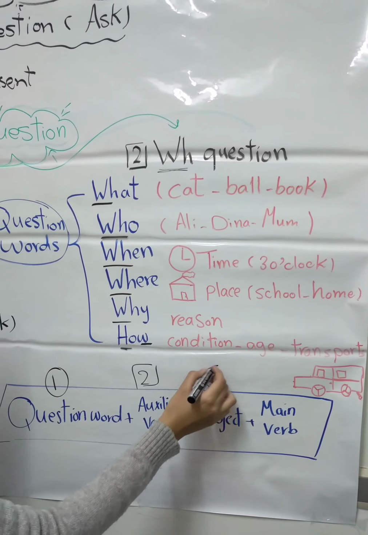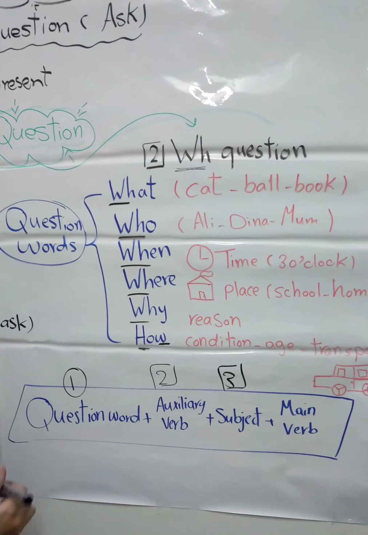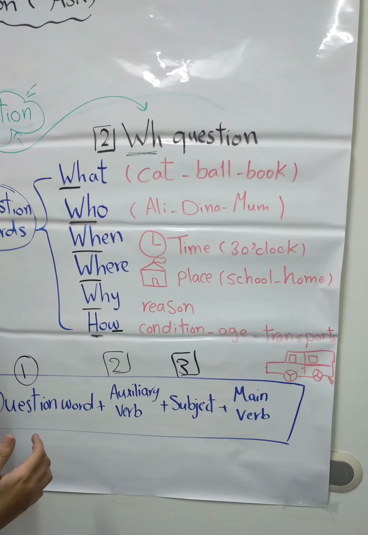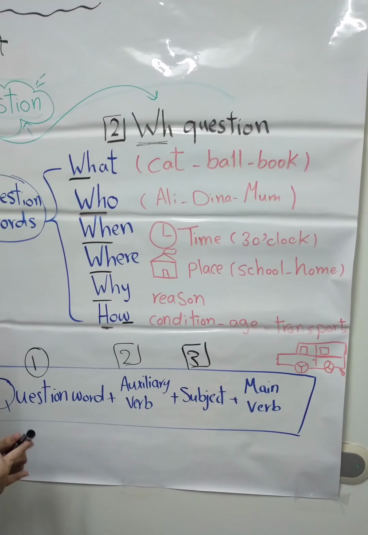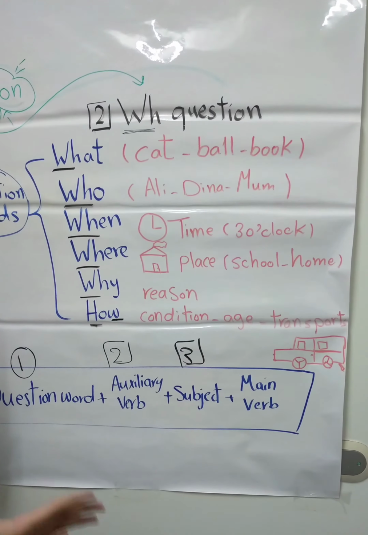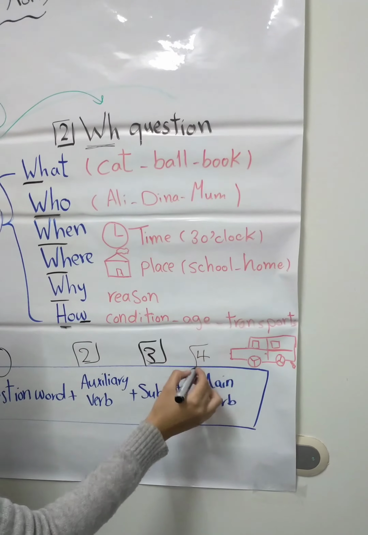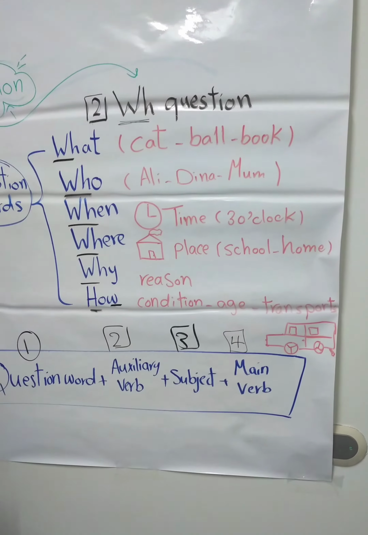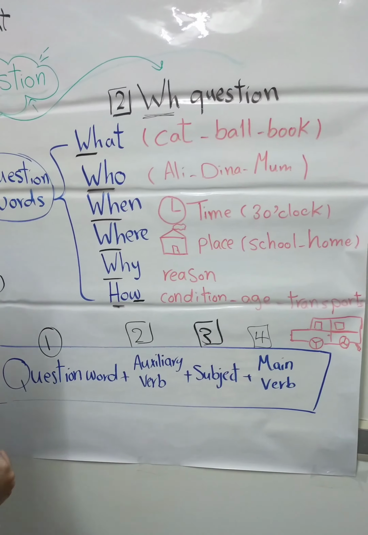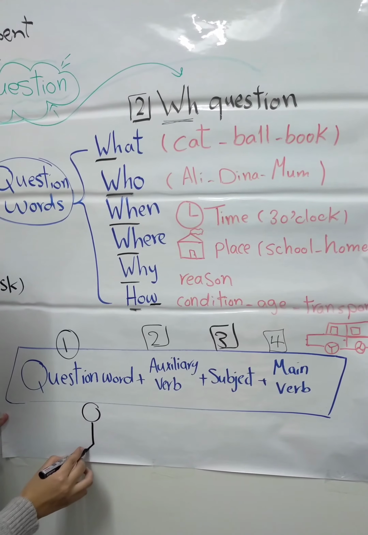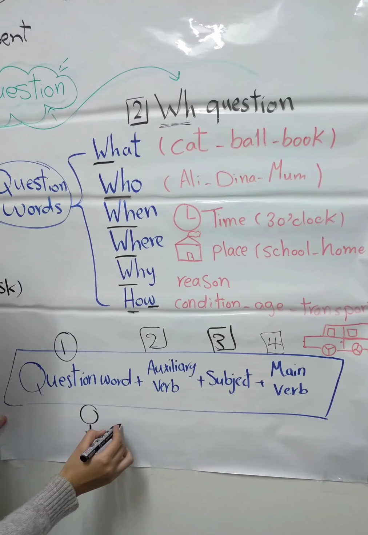Number 3, subject like he, I, we, you, they, she, it, or Ali, Dina, Ahmed, mom, dad, and so on. Number 4, main verb like play, eat, drink, swim, and so on. So they all make our friend Qasim.